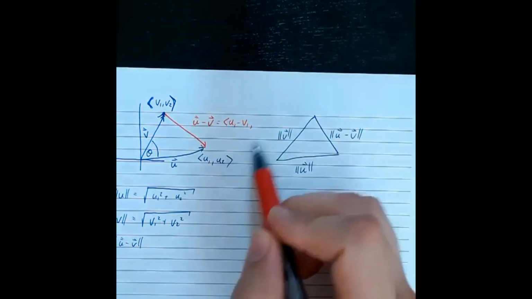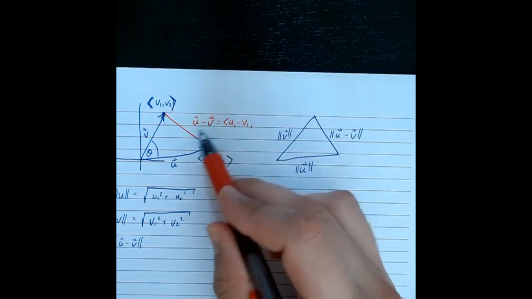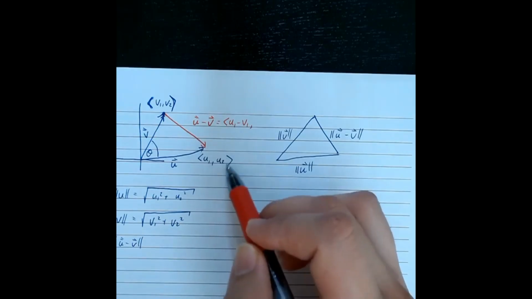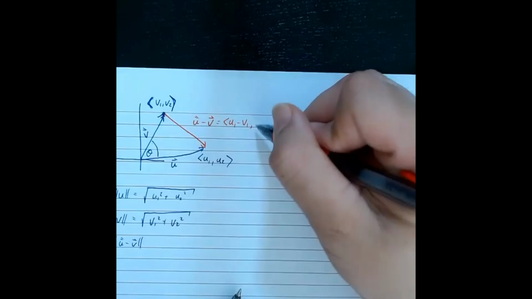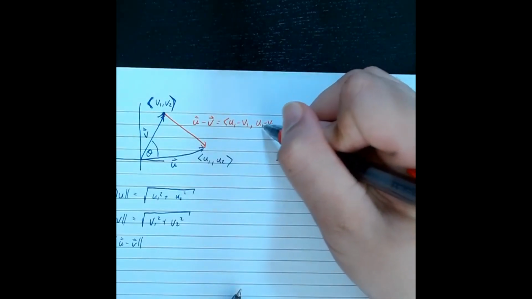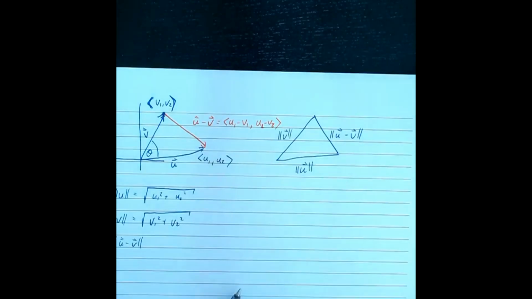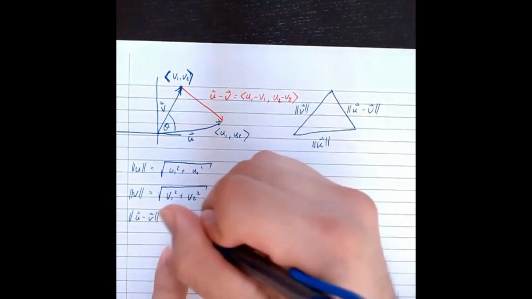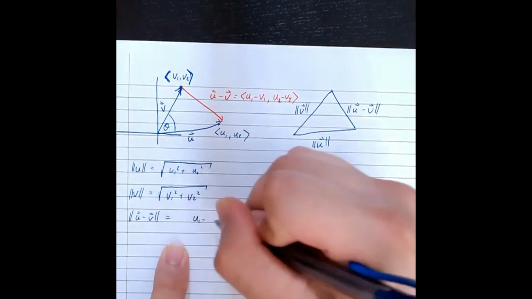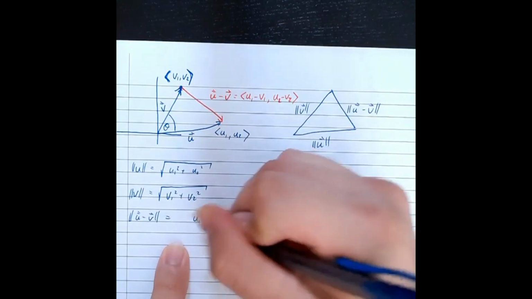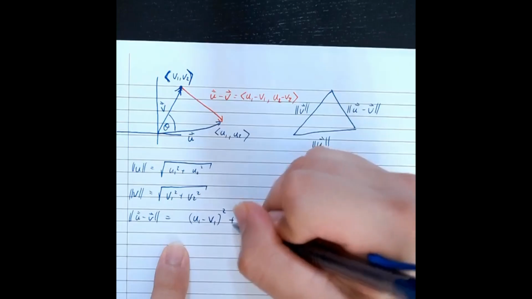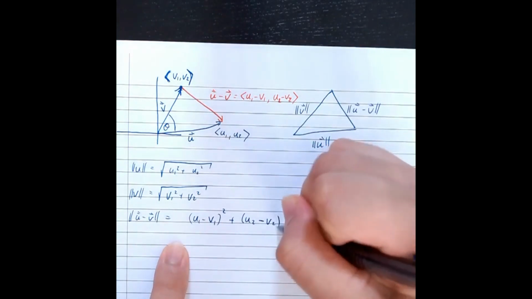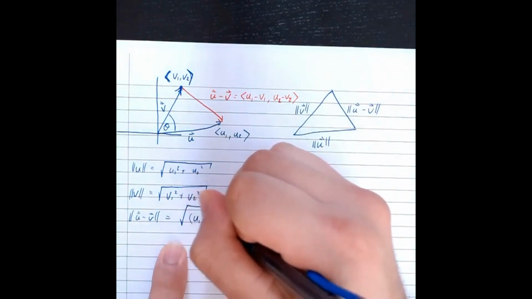Then for the second component of this red vector, we take the second component of u minus the second component of v, u2 minus v2. So to find the magnitude, I square each of those, u1 minus v1 squared plus u2 minus v2 squared, and take the square root of the whole thing.